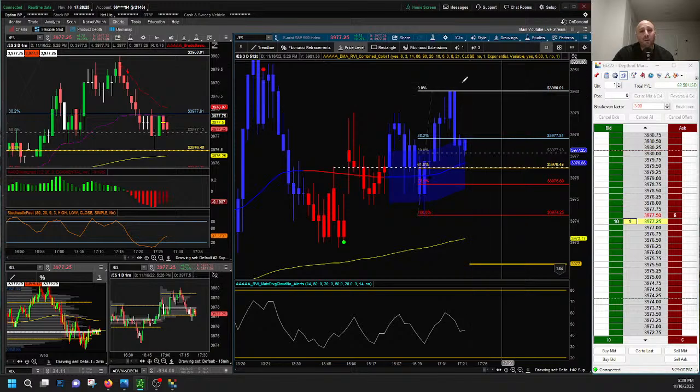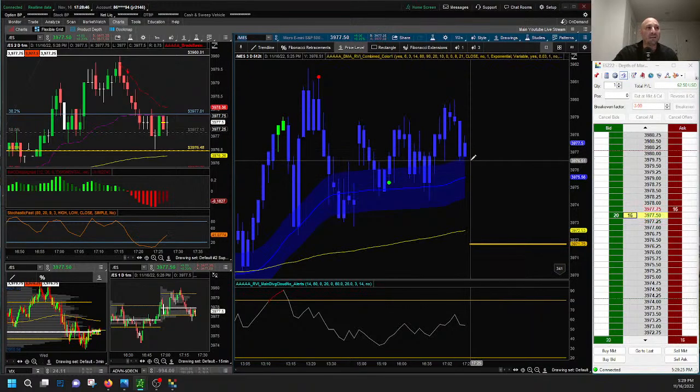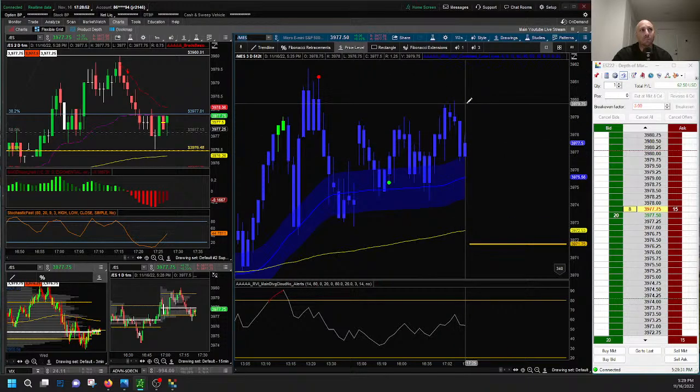I will say, if you do the micros, just understand you might get slightly different movements. This is why whenever I do this, I like trading the true contract.